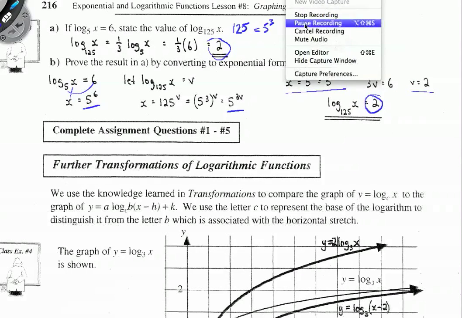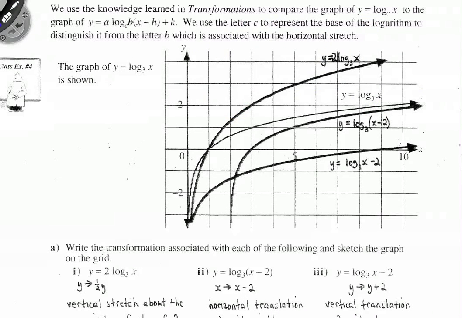Okay, let's page down. So in example 4 here, we're being asked to use the knowledge learned from transformations to compare the graph of log x base c to the graph of y equals a log b times (x minus h) base c plus k.